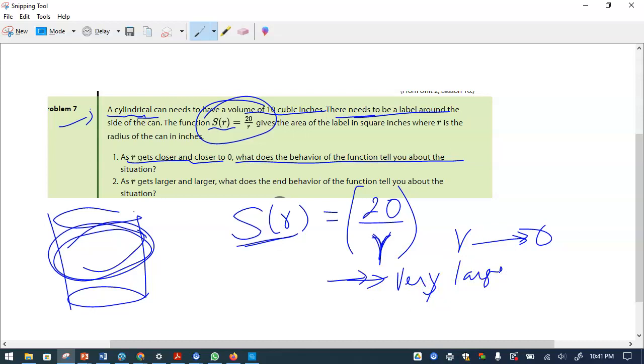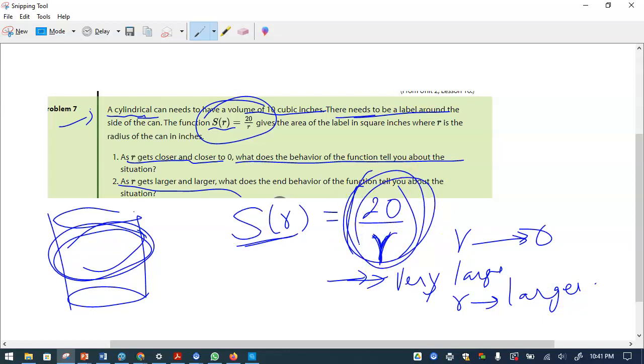And the second question is when R gets larger. So when R becomes very large, you will see this whole answer, that means the area of the label, gets closer and closer to, so this will almost approach 0. So that's the behavior of the area of the label depending on the radius.